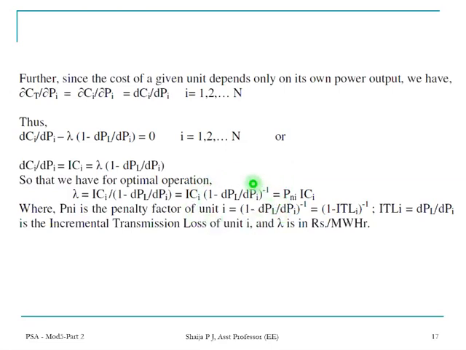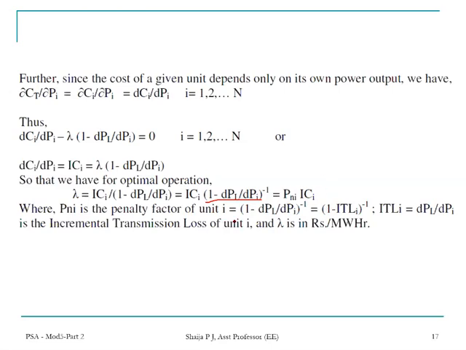This term we can call the penalty factor. What is the penalty factor? This term, 1 minus dou PL by dou Pi inverse, we call the penalty factor. So lambda is equal to the penalty factor multiplied by ICi.